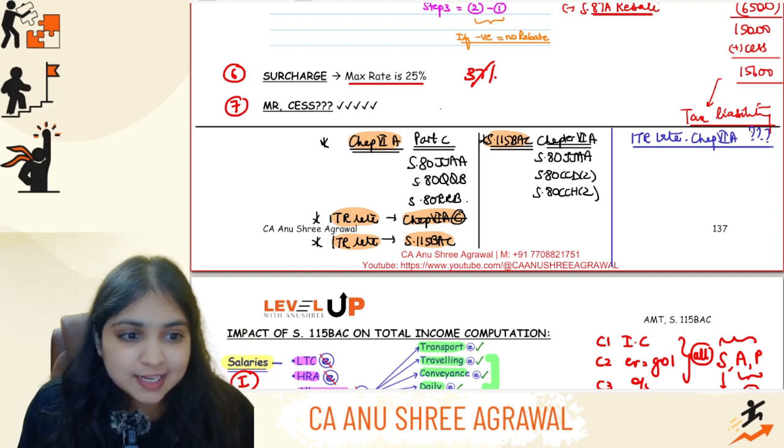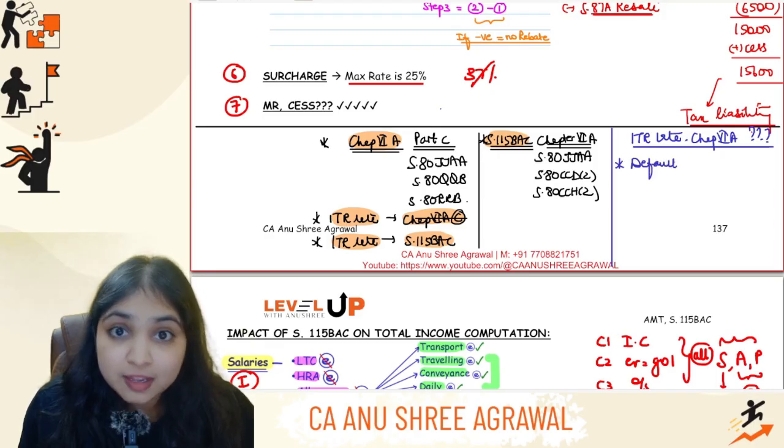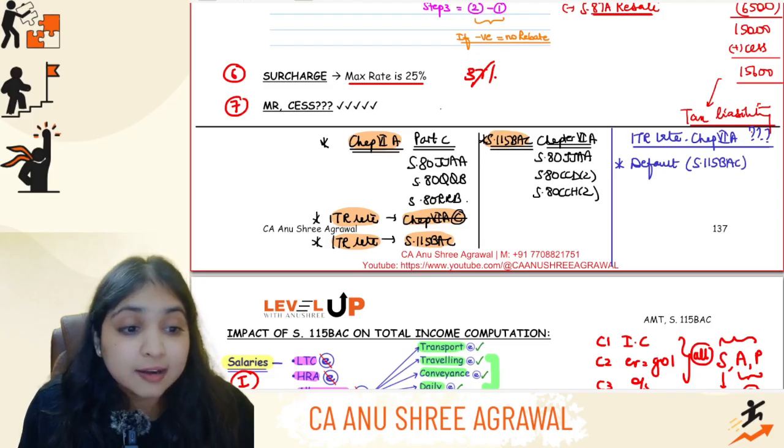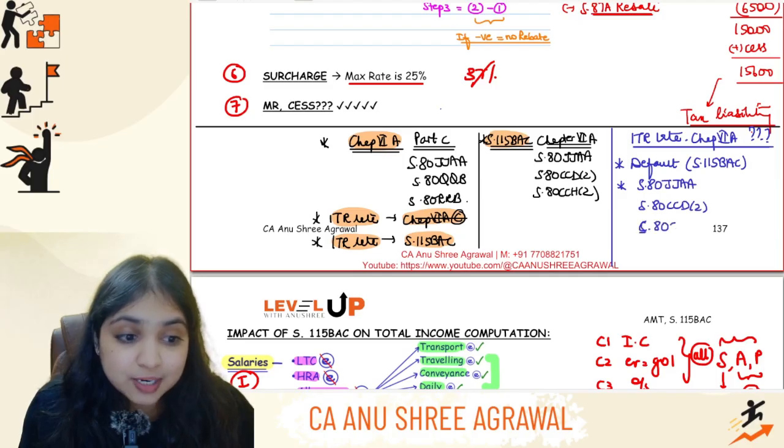If the assessee files ITR late, point number 1, the assessee has to follow the default regime only, which means the assessee cannot opt out. So 115BAC only. Under 115BAC, which sections can you enjoy in Chapter 6A? Three sections: 80JJAA, 80CCD subsection 2, and 80CCH subsection 2.